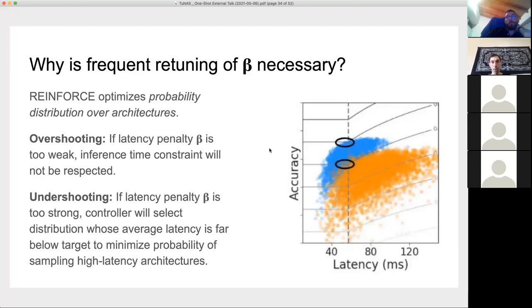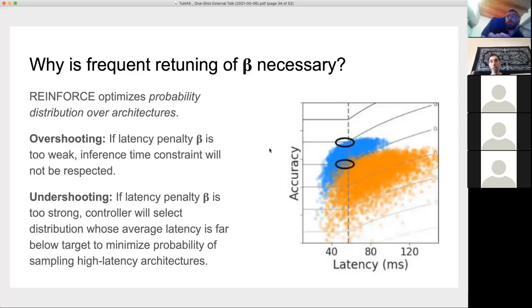But if that's actually the case, then because it's sampling from a probability distribution, occasionally it will, just by random chance, sample an architecture whose latency is above our limit. And there, because the latency penalty beta is large, we'll very heavily penalize the controller for selecting this more expensive architecture. So what happens here is that the REINFORCE algorithm, the controller, which is focusing on a specific part of the search space, actually becomes risk averse.